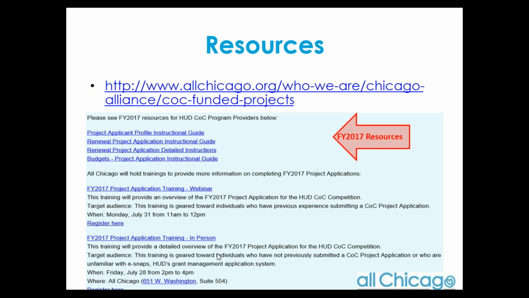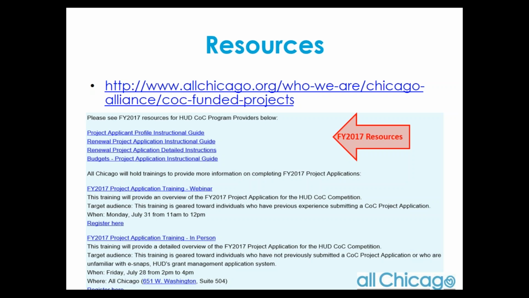This is incredibly important because the applicant profile is the first step in order to be able to move on through the application. Also, if you have any new users or users that you need to delete out of eSnaps, that first profile instructional guide is where you will find those step-by-step processes.